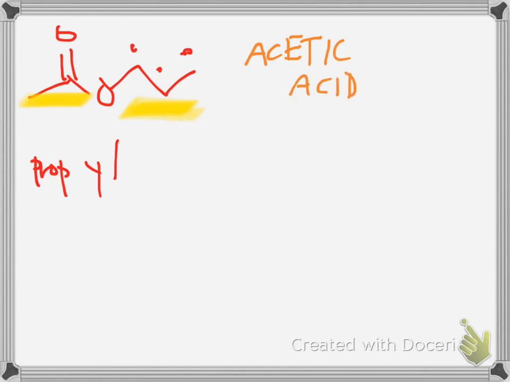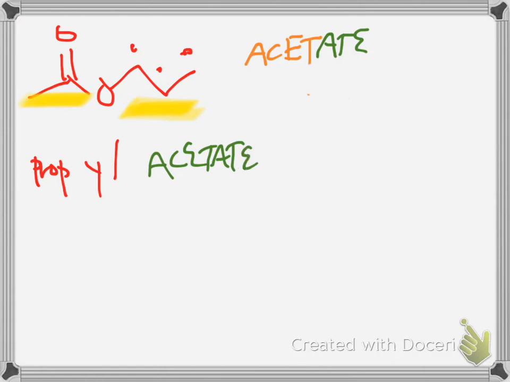But what we do is we drop the ic acid, and we're going to add a different ending. We add the ending ate. So this compound becomes propyl acetate. It could also technically be called propyl ethanoate, since acetic acid and ethanoic acid are the same thing. Let's do another example.